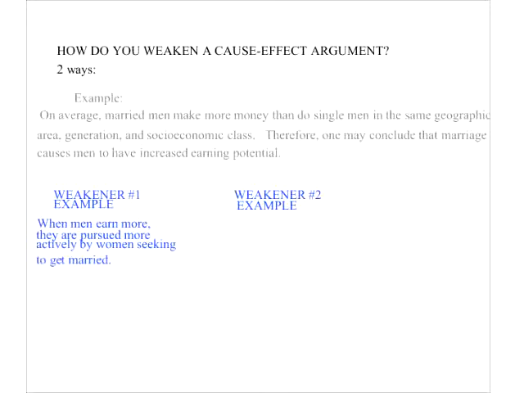So in this case, this is a weakener because this actually suggests that, because this is a fact, but we don't know why it's true. So that's a fact. You can't question this.